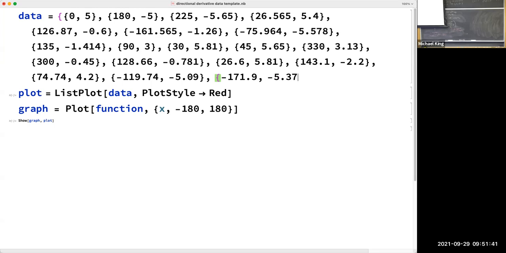Okay, that makes more sense. Feels like it should be negative in that direction. Any more points? What about those groups in the back? Oh, yep. 127.87, comma 5.4. Really?